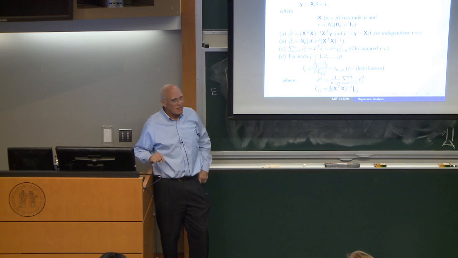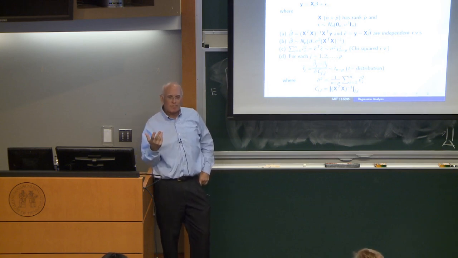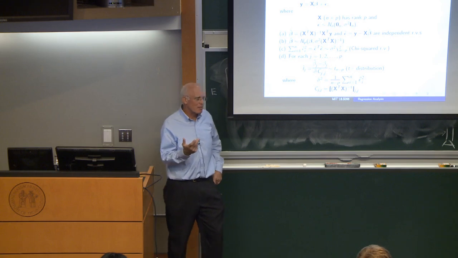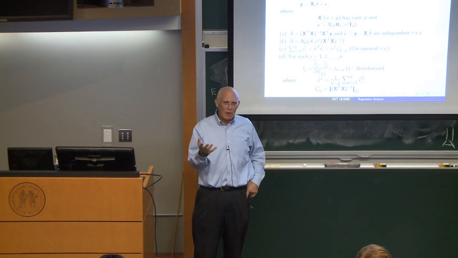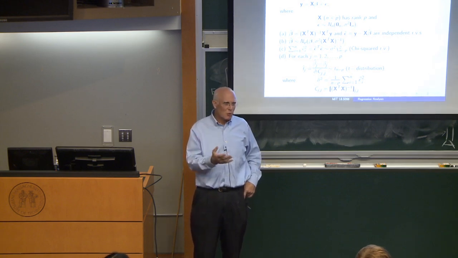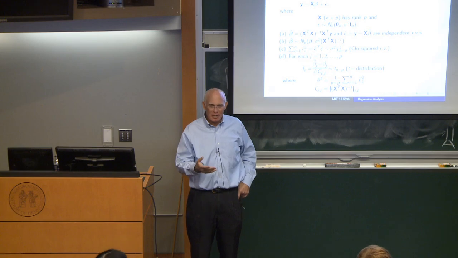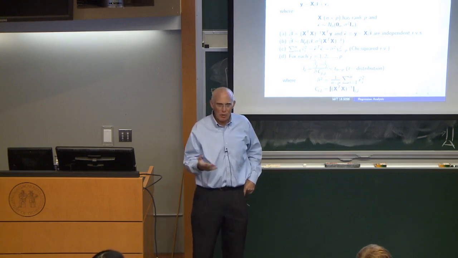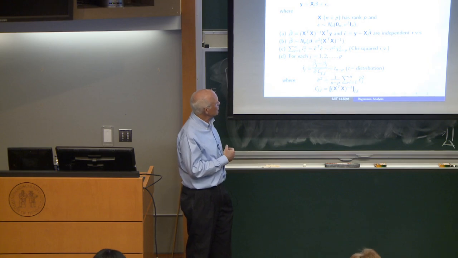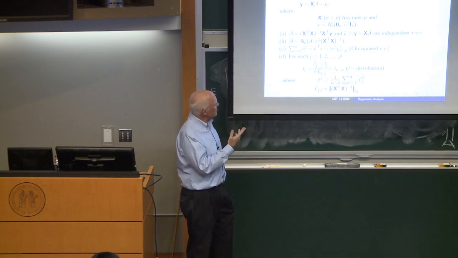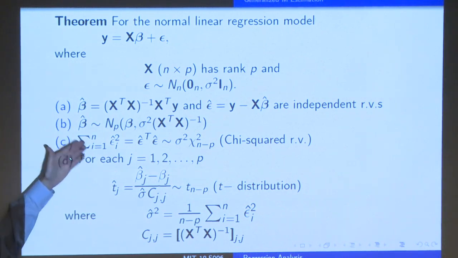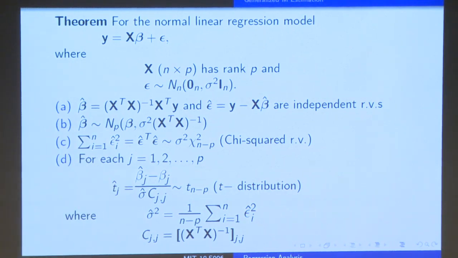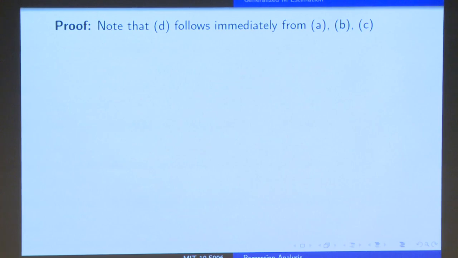A t distribution in probability theory is the ratio of a normal random variable to the root of an independent chi-squared random variable. So basically these properties characterize our regression parameter estimates and t statistics for those estimates.